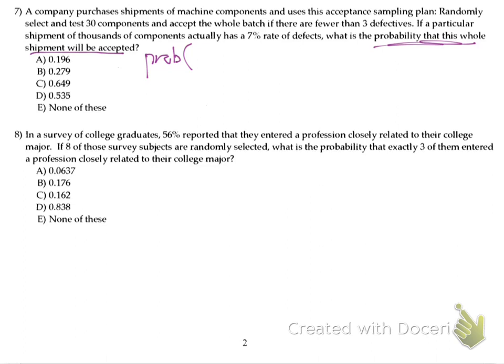What is that question? Probability that the whole shipment's accepted. How does the whole get accepted? I'm trying to walk back a step. They're asking me, find the probability that the whole is accepted. What makes the whole be accepted?